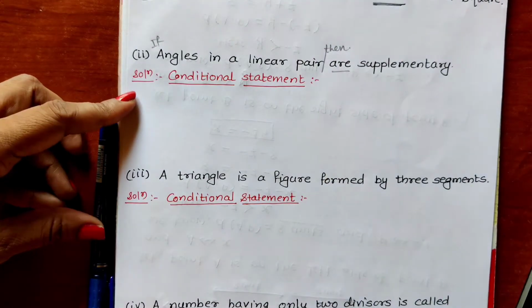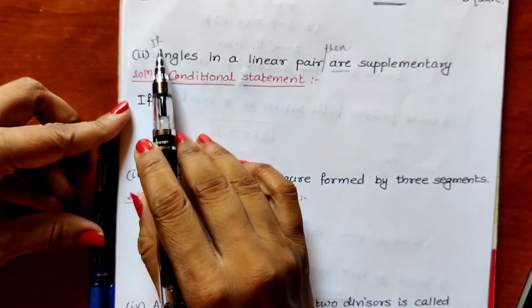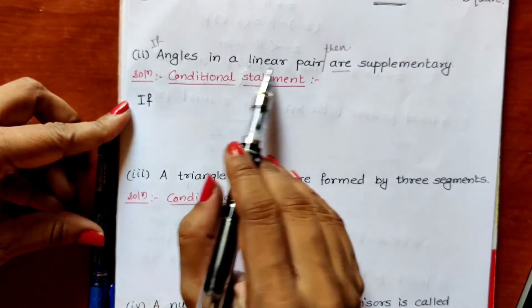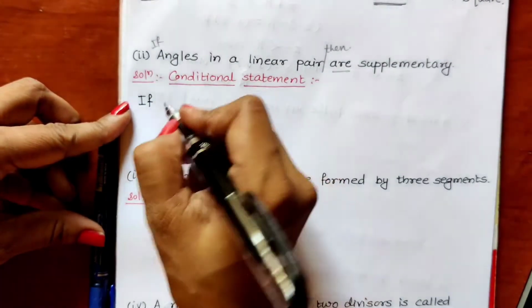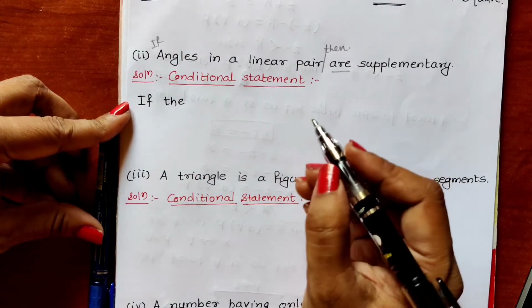Now let us see how to write it. If. Shall I write directly if angles in a linear pair? If the angles are in a linear pair, the sentence should become meaningful, correct?